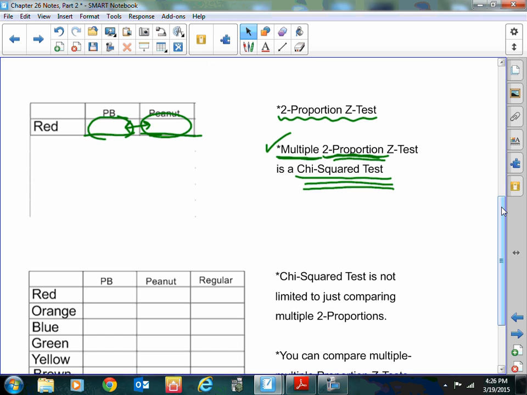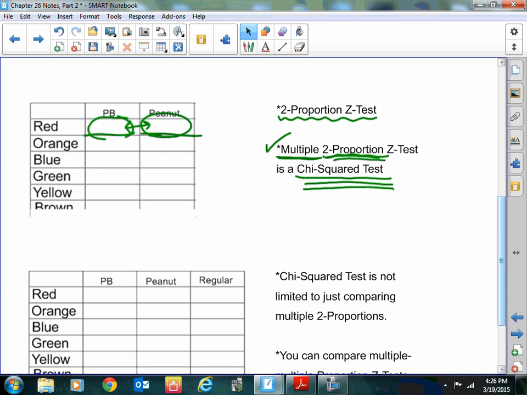But now we're testing two groups against each other for many categories, for all of those categories, for not only red, but orange and blue and green and yellow. For all of those at the same time, we're checking two proportions all at the same time. That is a chi-squared test. Now, when we're saying, are they the same? That's when we're doing chi-squared test of homogeneity.